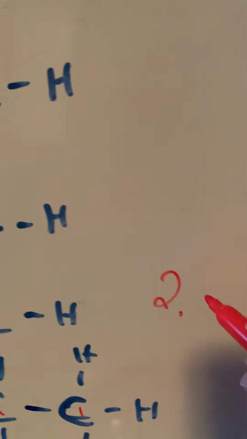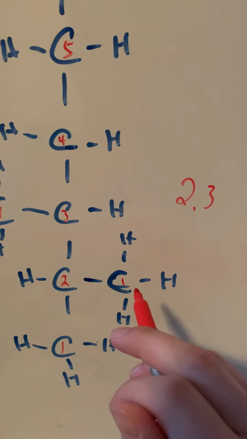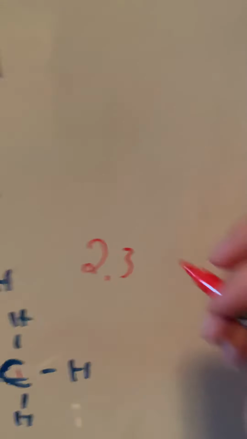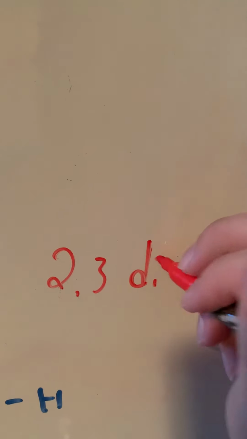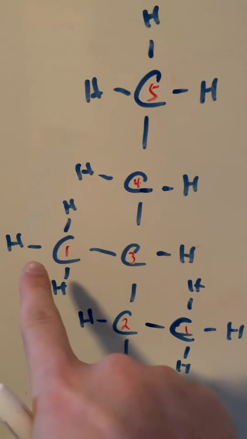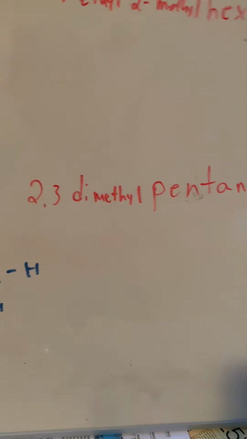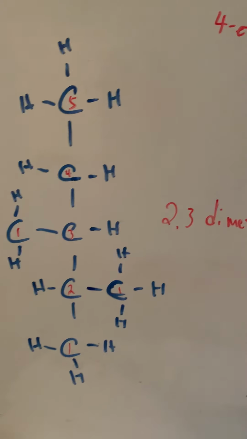So I have 2, 3, because I have a methyl here and a methyl here, but it's going to be dimethyl. The di meaning 2, because I have 1 here and 1 here. So dimethyl pentane. So 2, 3 dimethyl pentane.